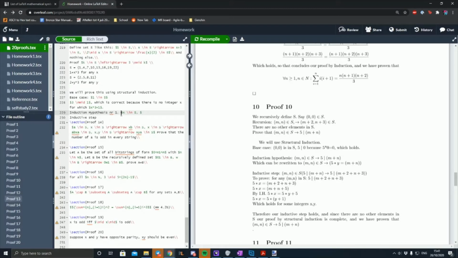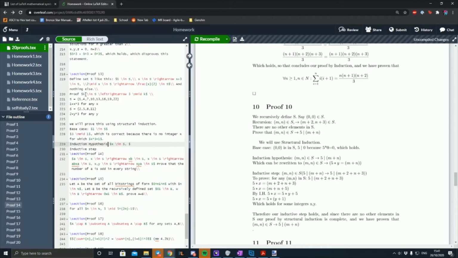So we have the induction hypothesis, which is: if k is in S, then 3 does not divide k.